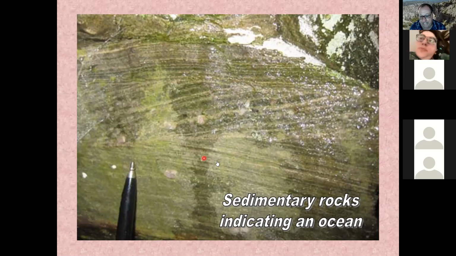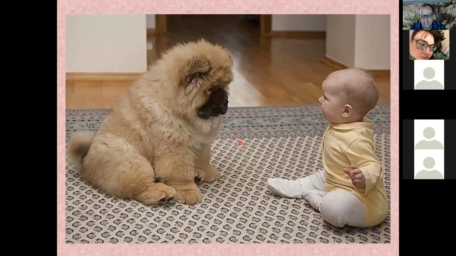So here it's angled the other way, and horizontal up there. So again, a lot of the rocks in Skyline Drive, Shenandoah National Park that are not volcanic and igneous are sedimentary in origin from an ancient ocean. So I just want to make sure that we're seeing eye to eye tonight.